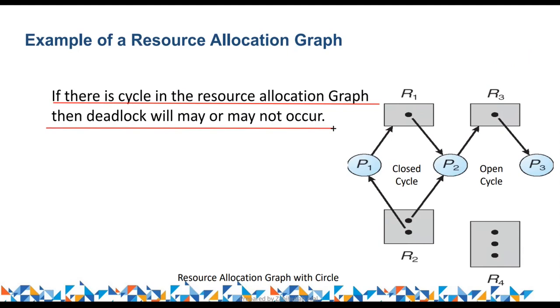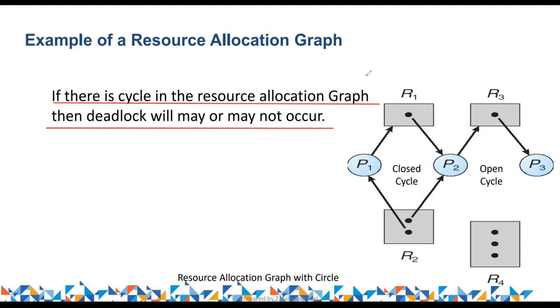Remember, circular wait doesn't mean 100% confirmed deadlock. If you remember, I told you that when circular wait occurs, the possibility of deadlock will be there. And this possibility will be increased if the resources are single instance, and decreased if the resources are multi-instance, okay?